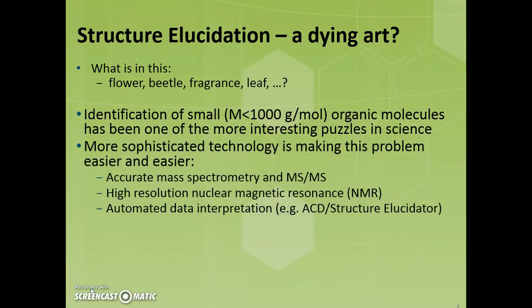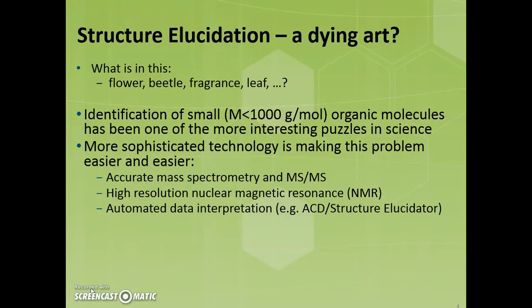However, this puzzle is becoming easier and easier. And the reason for this, of course, is technology. Nowadays, we have ready access to accurate mass spectrometry and even multidimensional techniques, MSMS. Particularly important is high-resolution nuclear magnetic resonance, NMR.